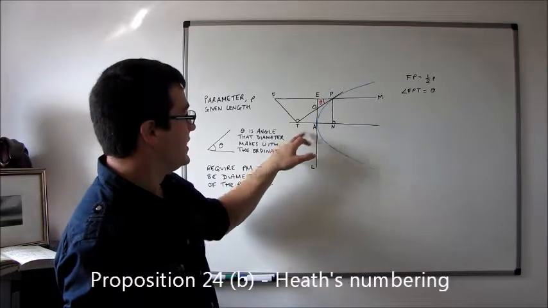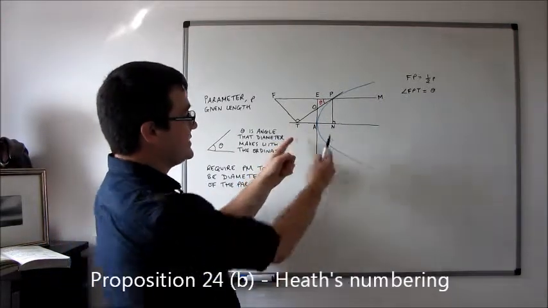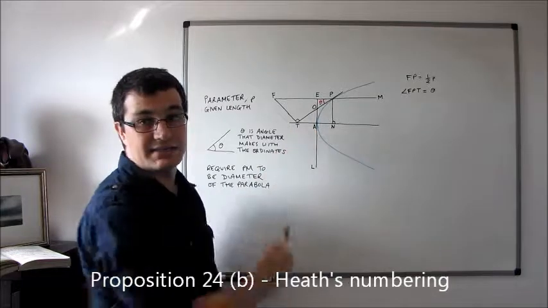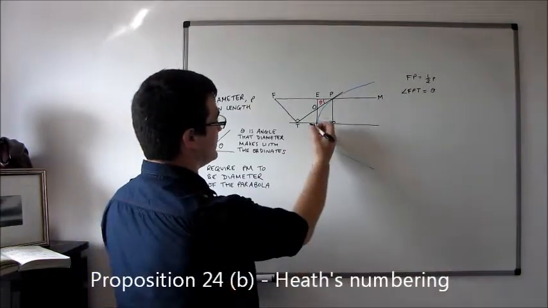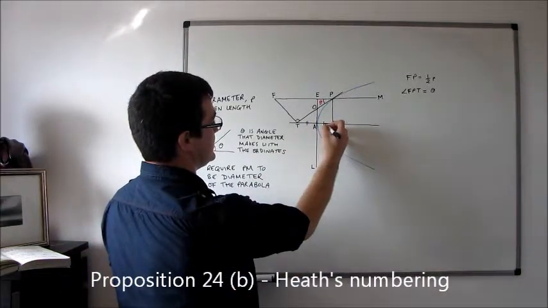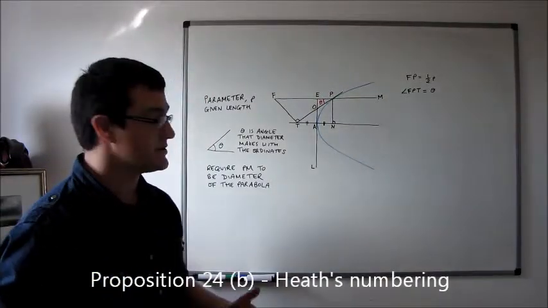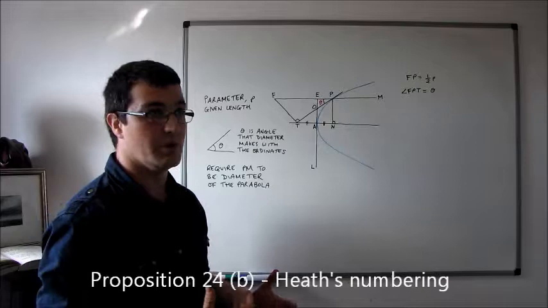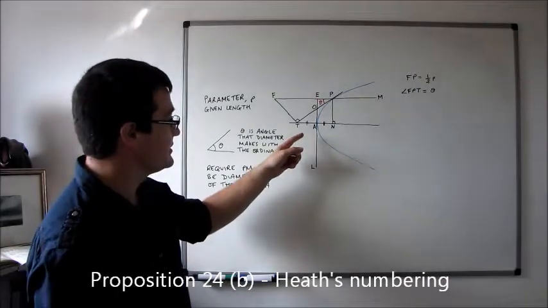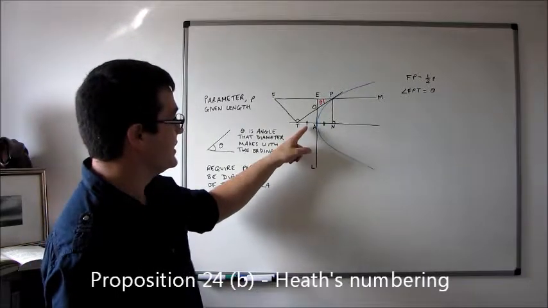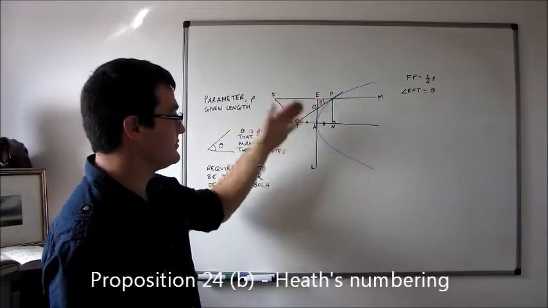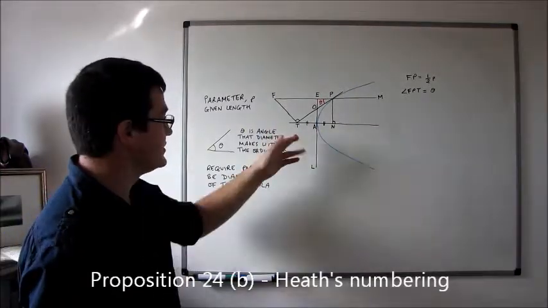And then this line segment TN is bisected at the point A, so we want this to be equal to this here. Again, Euclid's book 1 proposition 10, I think, guarantees that we can bisect a line, no problems there.